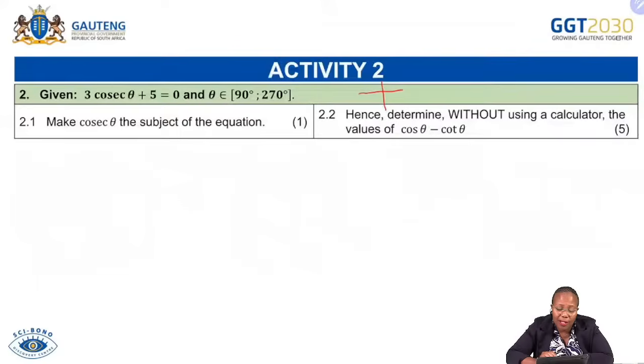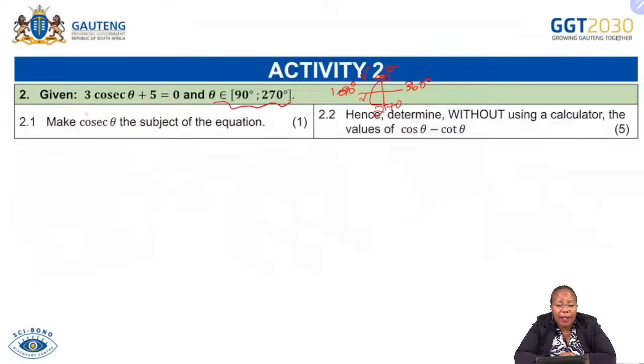Remember, when you have your Cartesian plane, this is your 90 degrees, your 180 there, your 270, and your 360 there. So if they say it lies between 90 and 270, that means it's quadrant 2 and 3 there. That is what this statement is saying to you, right?